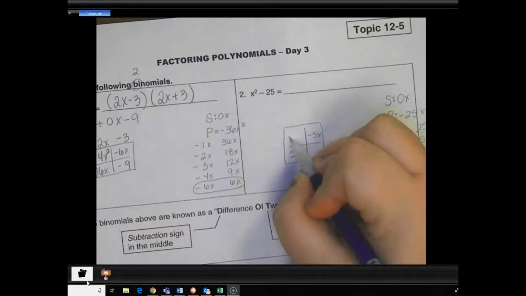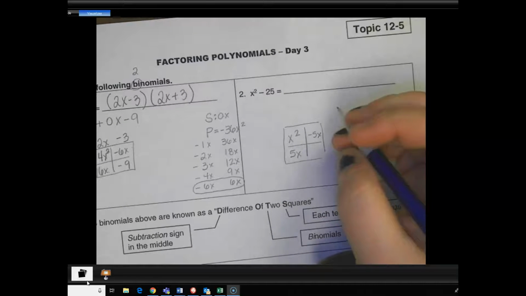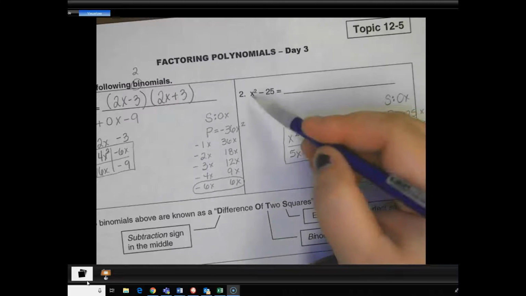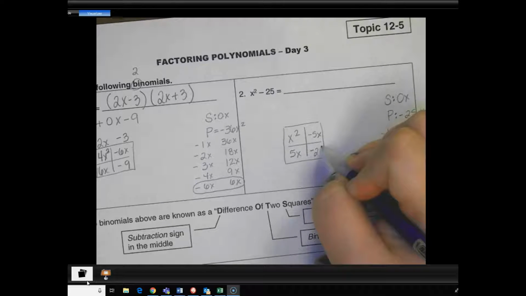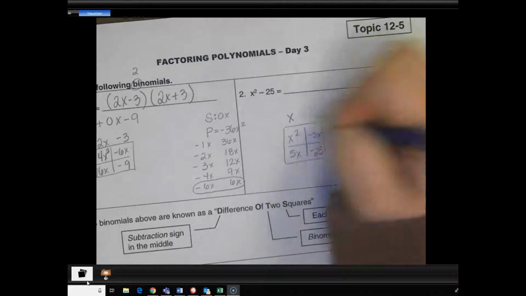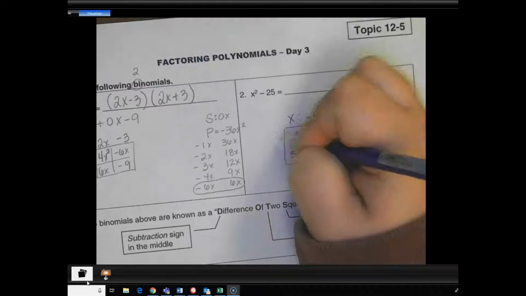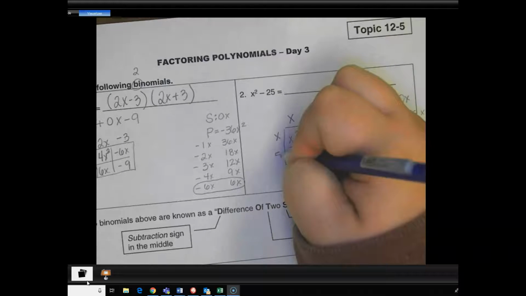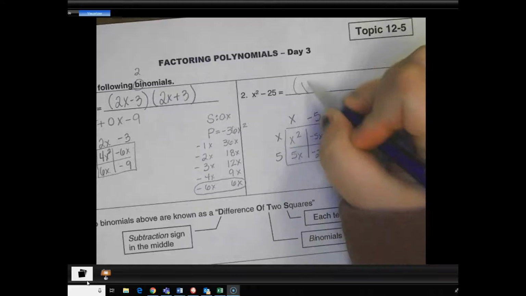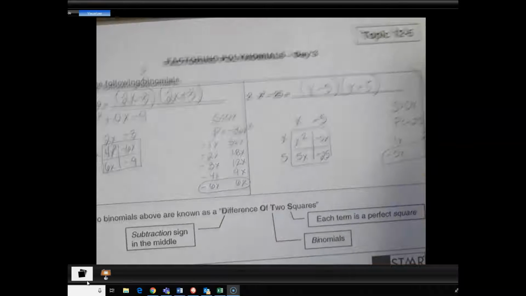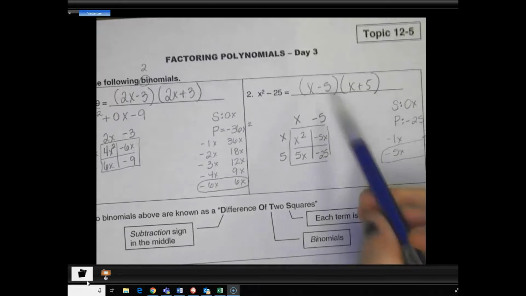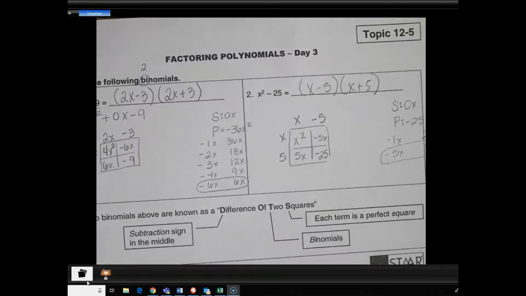My initial term, my first term, the lead term, is the proper name for it. So x and negative 5, x and 5. So x minus 5, x plus 5. Again, our two answers are very similar to each other. And so we're going to see that there is a pattern in that.